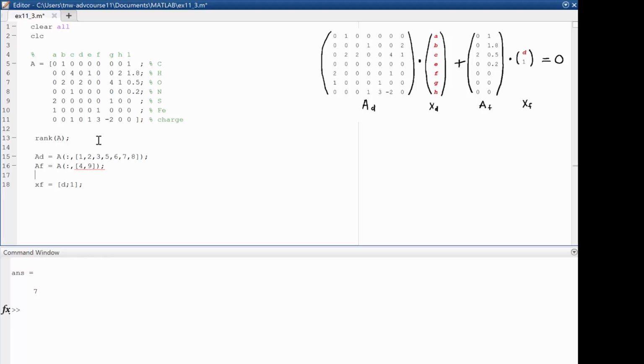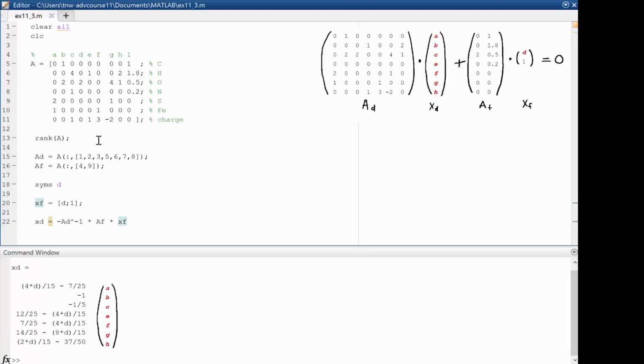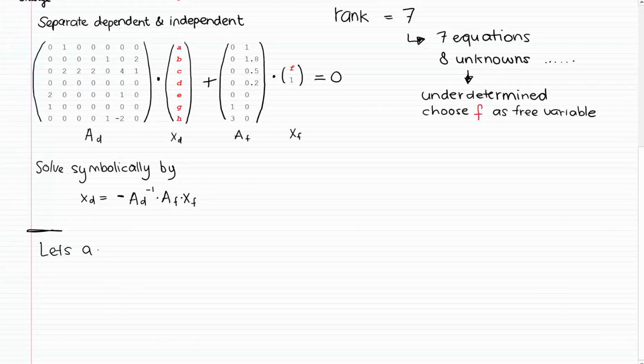However, until now D is undefined. Thus we have to tell MATLAB to use D as a symbol by writing the command syms D above xf. Now we have to write the equation to find xd and run the script, and we find a symbolic solution. Let's assume that we know that the yield of oxygen on substrate D is 0.05 mole oxygen per cmol biomass.